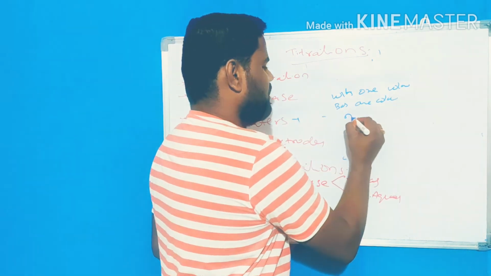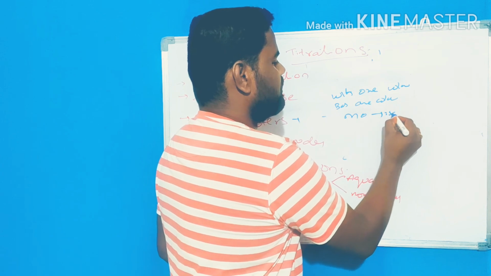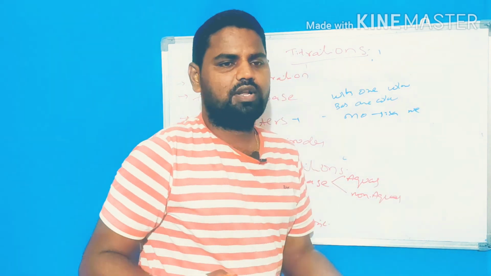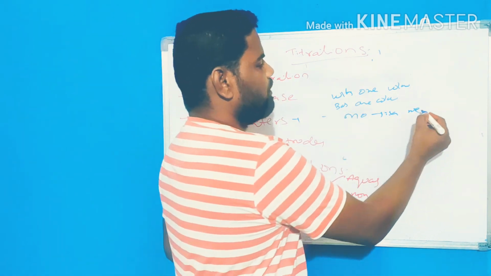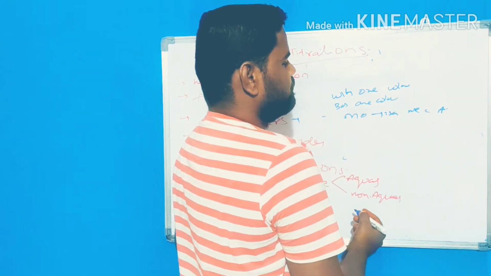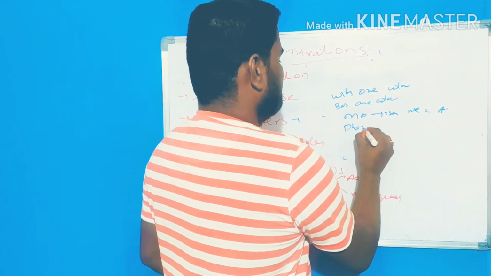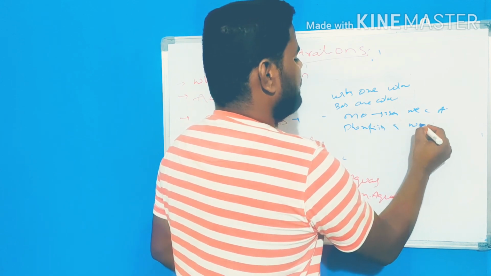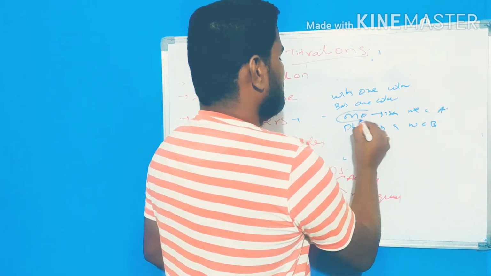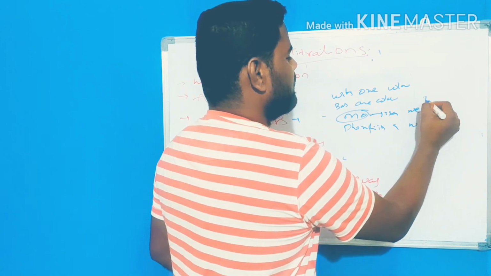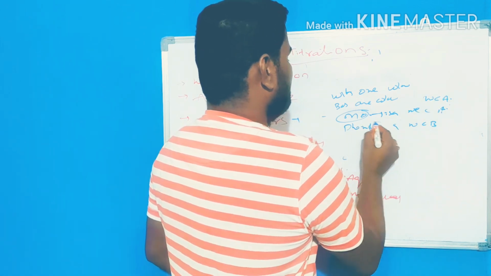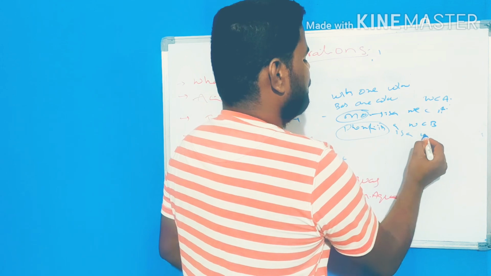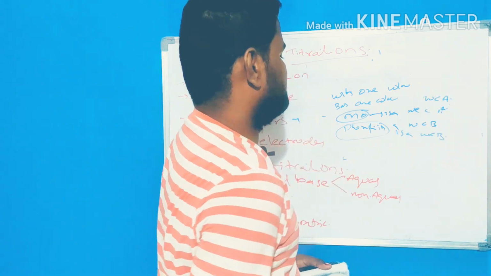Here methyl orange is a weak acid. Phenolphthalein is a weak base. Methyl orange is a weak acid, phenolphthalein is a weak base.